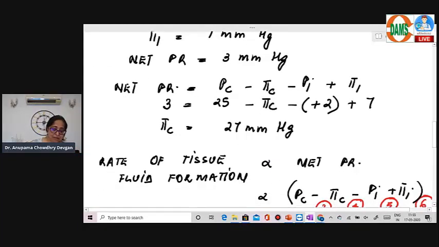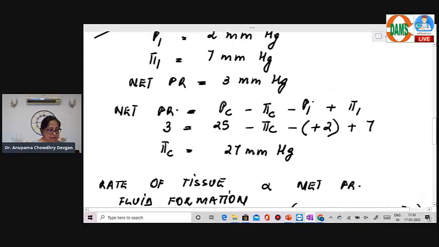Now Jitendra, you are repeatedly asking why sodium has no role in pull force. You must understand that the plasma and the interstitial fluid, the osmolality is nearly the same. The only difference is the proteins in the plasma. So proteins are present in plasma, but not in the interstitial fluid.